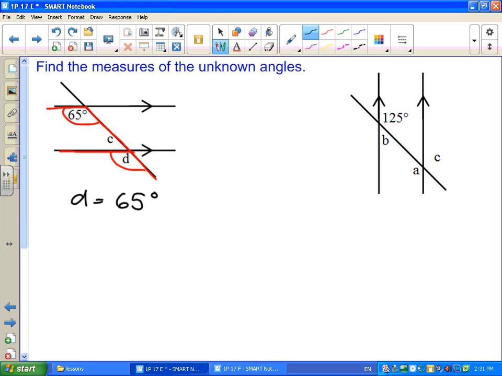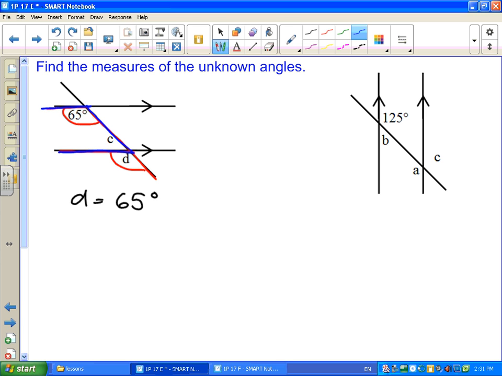Okay. Now, how can we figure out C here? Well, I can draw another pattern here, like this, and like this, and like this. Okay. So what have I drawn there? Even though it's backwards here. Riley? That's our C pattern. What do we know about the angles in the C pattern? Exactly. They add up to 180 degrees.